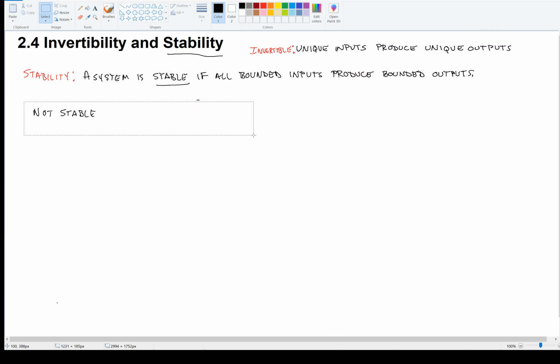Okay, let's try to quantify that now mathematically with an example. Let's say I have an input-output relationship where the output is 1 divided by the input, minus 1. Okay, and let's say we put in this signal here.